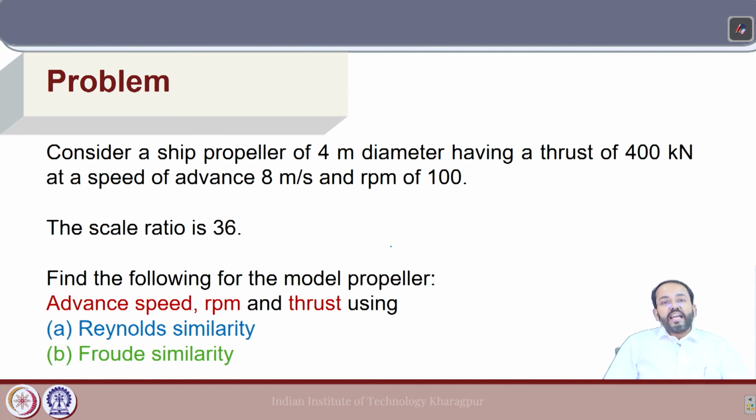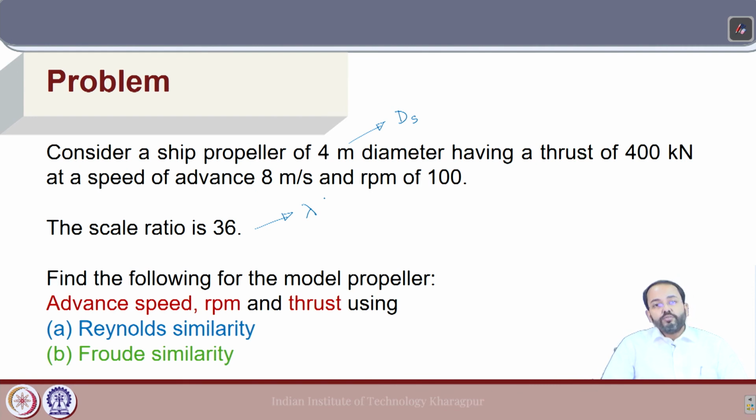So, let us consider a ship propeller of 4 meter diameter. This is in the full scale, so this is basically D_s, and having a thrust of 400 kilonewton at a speed of advance 8 meter per second and RPM 100. The scale ratio is 36. This is the value of lambda, the scale ratio.